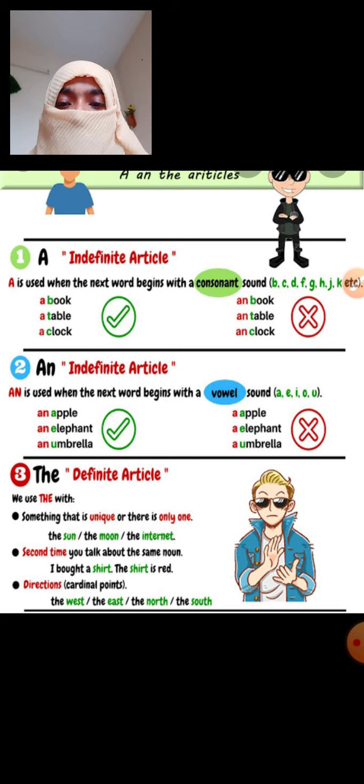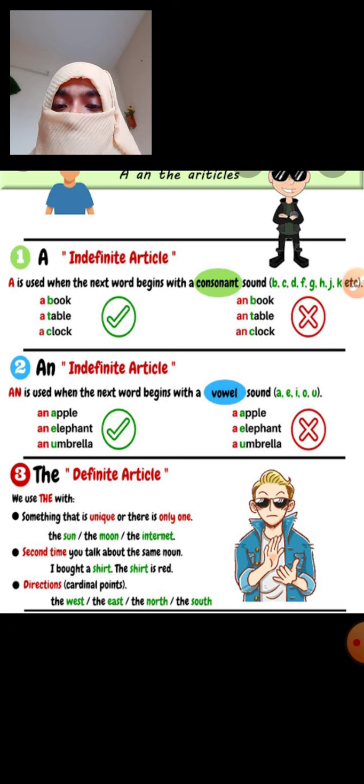The shirt is red. Here you will notice in the first sentence, before shirt there is a, but in the next sentence there is the before shirt, because we have already talked about this shirt in our first sentence.